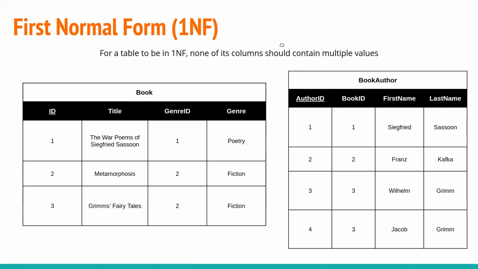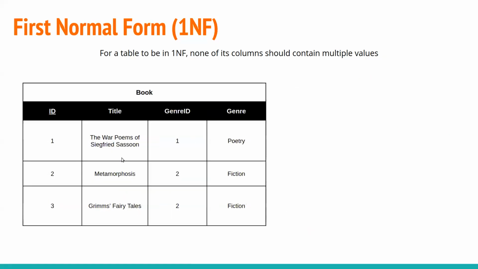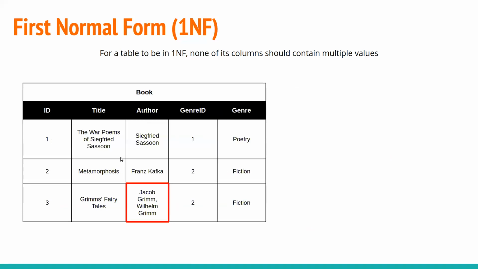Because now you can see inside the book table, none of our columns contain multiple values. Cool. So that's the first normal form, a fairly easy one, once you know what to look for. And guys, an easy trick when you're asked this: if there's ever a column with a comma in it, pretty much. Obviously, if the cell is a sentence that requires a comma, then it's one sentence, so it's not multiple values.